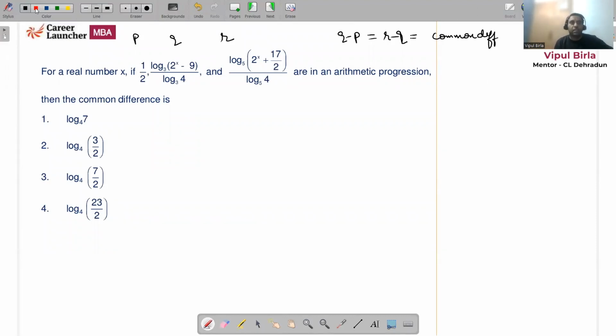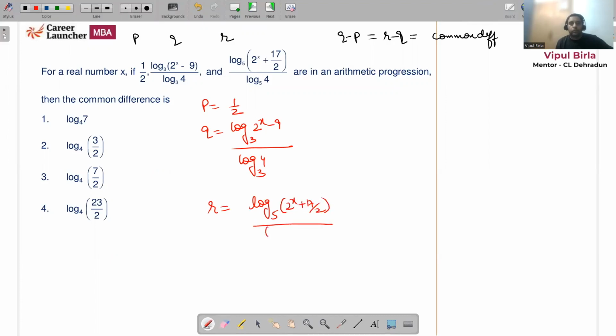Now in this case, the value of P is 1 by 2, the value of Q is log of 2 to the power x minus 9 to the base 3 upon log 4 to the base 3, and the value of R is given. Now let's simplify it so that we'll be able to identify the value of the common difference.